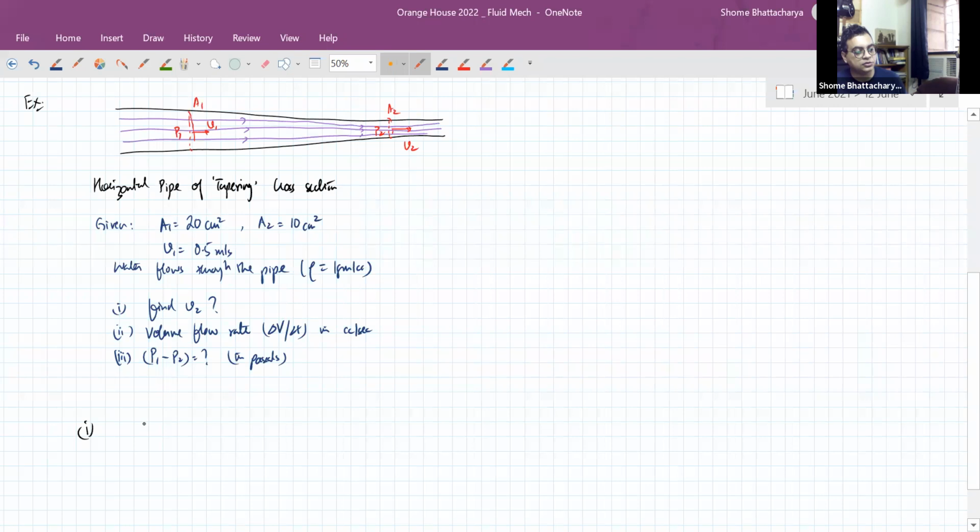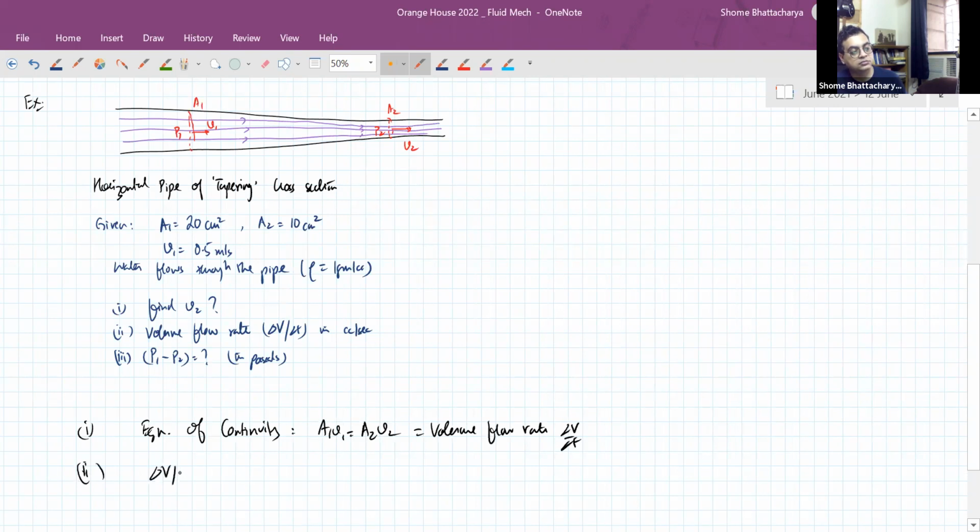So for the first part, use the equation of continuity, and that is equal to only the volume flow rate. For the second part, use this.